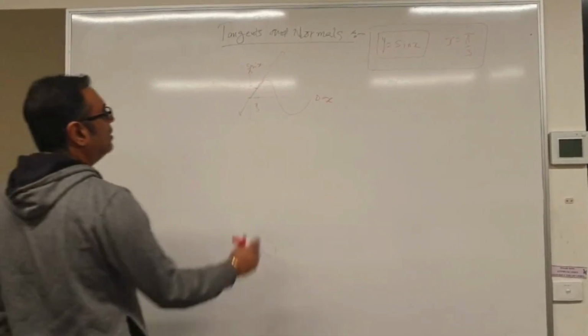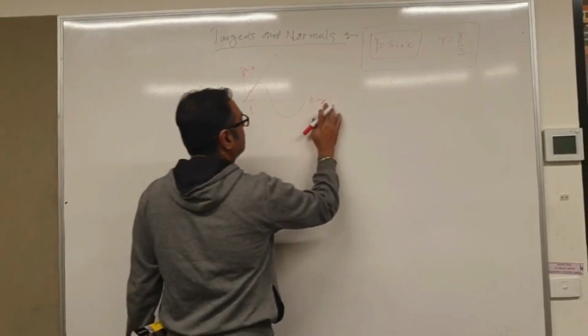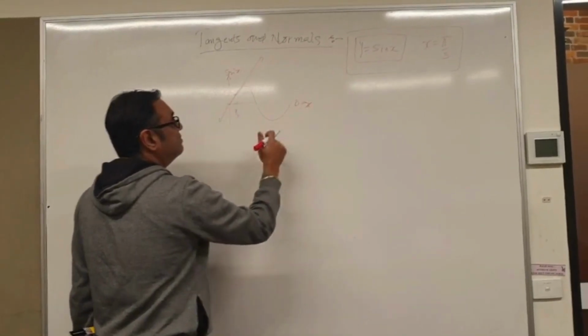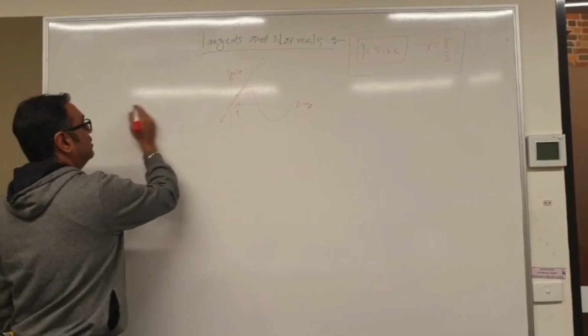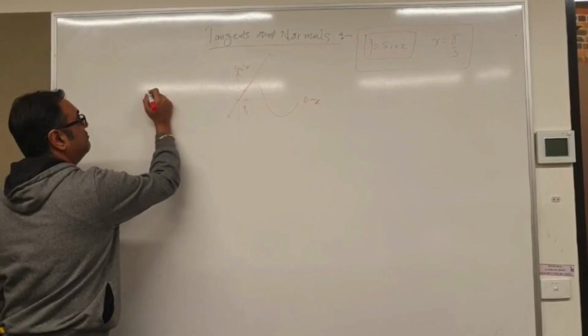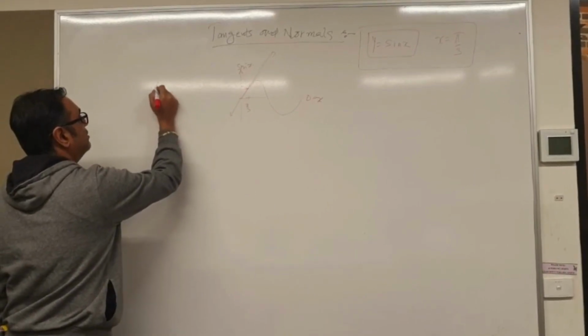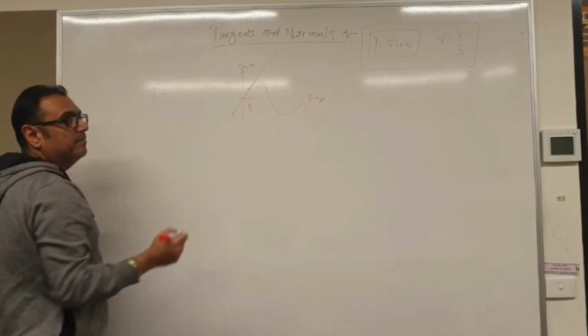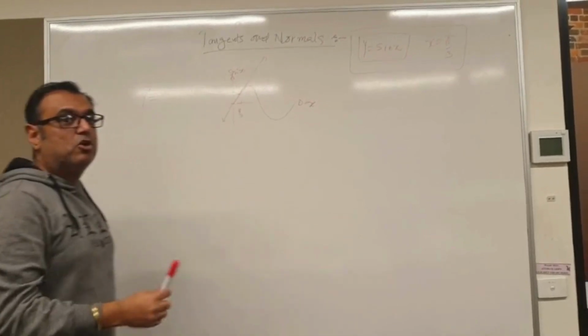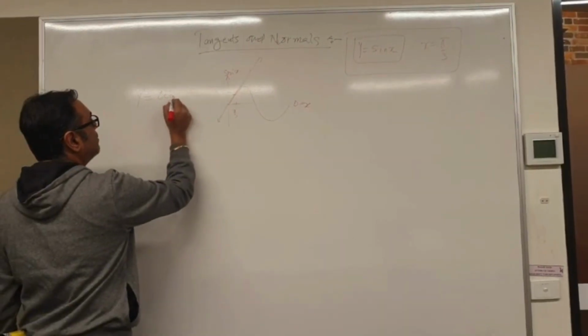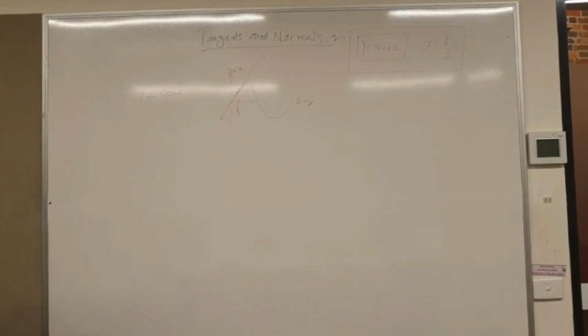So, what's the derivative, Romel? Half, yes, correct. So, what's the derivative of sine x, Ryan? Sorry, what's the derivative of sine x? Do you know that? Cos x. Okay?